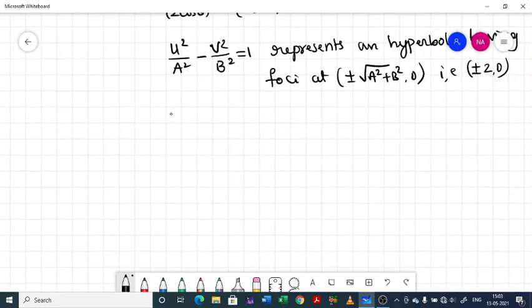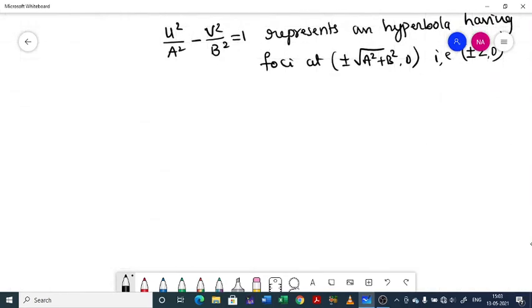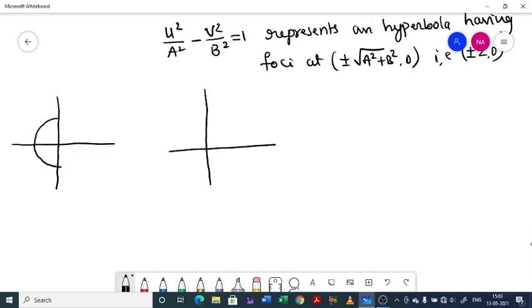So thus we have the situation like this. We'll be having z plane here, and corresponding to that we'll be having w plane here. Now when real part of z is constant, you got a circle.